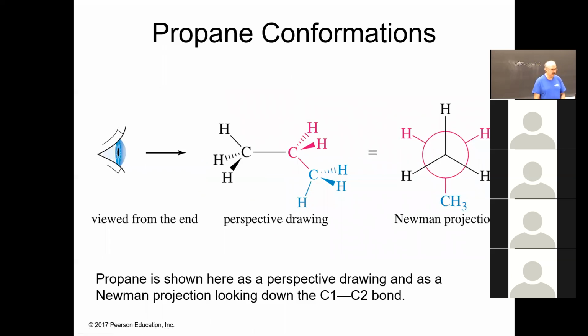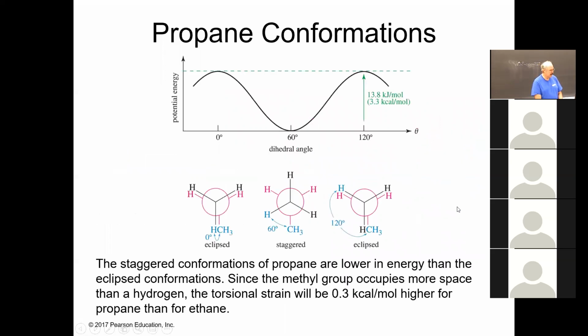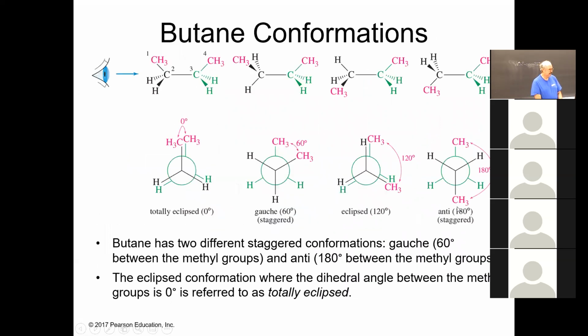This is how you would draw propane in the Newman projection. We're sighting along this bond between 1 and 2, so we replace a hydrogen with a CH3. For butane, we have two more conformations. We have the gauche, where methyls are 60 degrees apart.